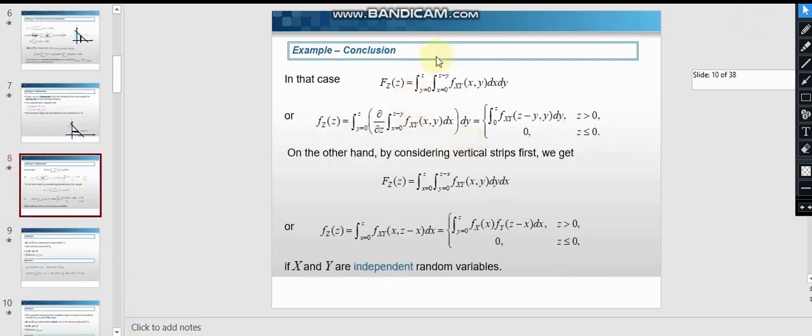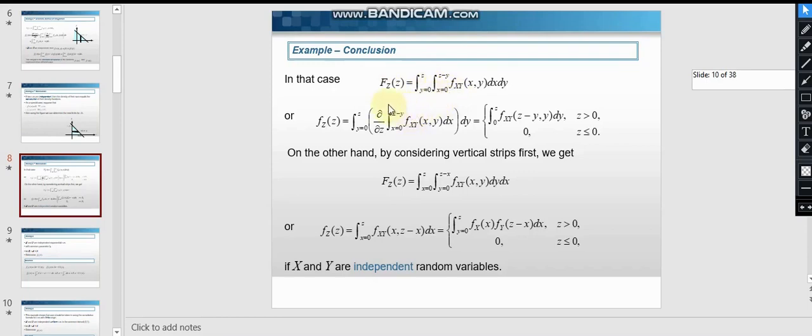So here is the conclusion of this example. This is the CDF of the new random variable z, which is the sum of random variables x and y.